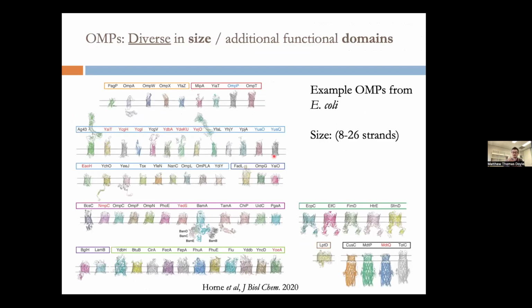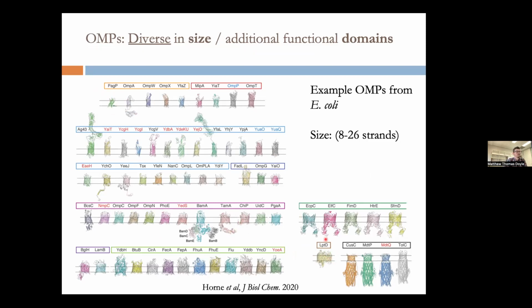So if that's the kind of general rules of barrels, then this is the diversity. And you can see just in E. coli, you can have something that's an 8-stranded barrel all the way up to a 26-stranded barrel. So the barrel diameter and complexity can change.